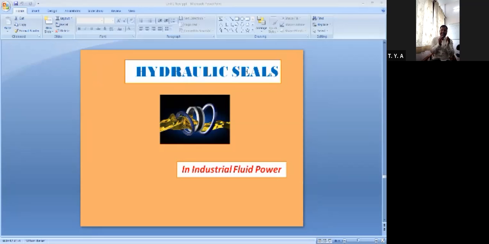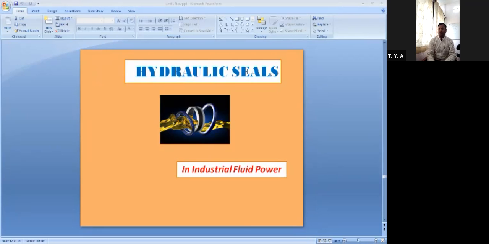Due to leakage, the system's efficiency may be lost, it may increase power use, it may raise the temperature, environmental damage will happen, and sometimes there may be safety hazards.